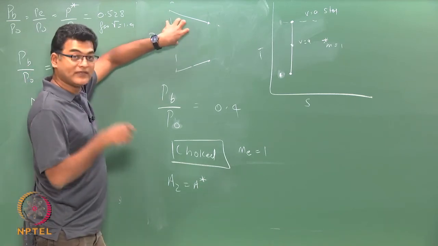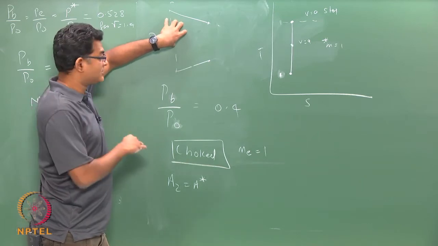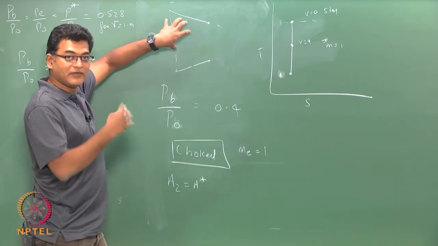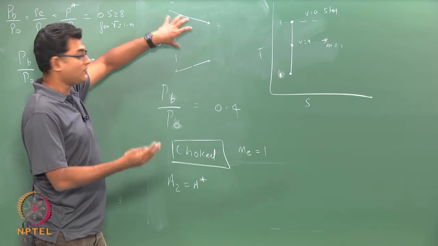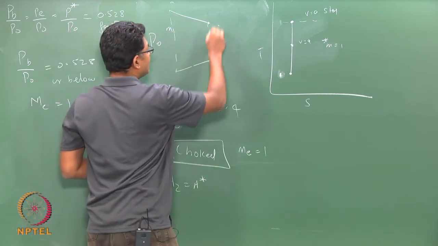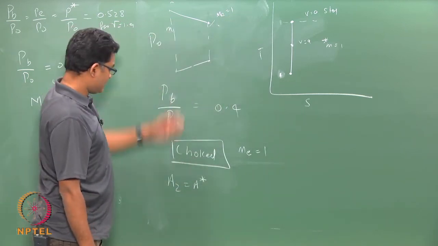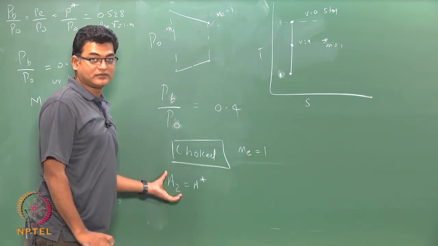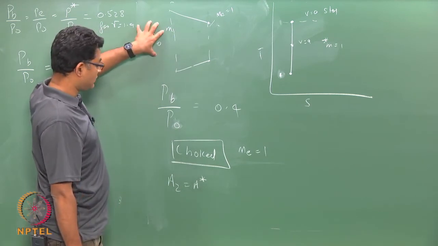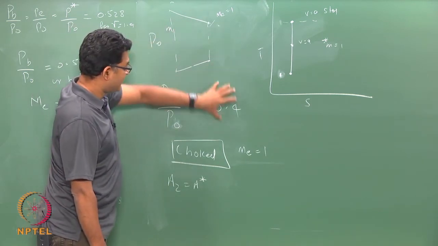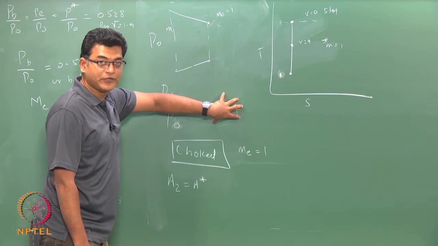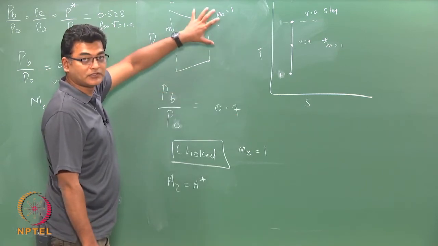That something is not what we are going to study, that is a non-isentropic process which we will not deal with. Whatever is happening here is associated with the choked condition. So, for this P0, if the pressure ratio is below 0.528, that is a choked condition.